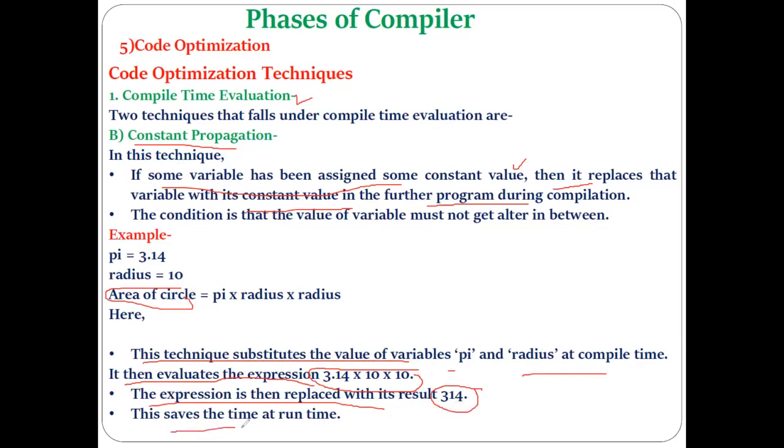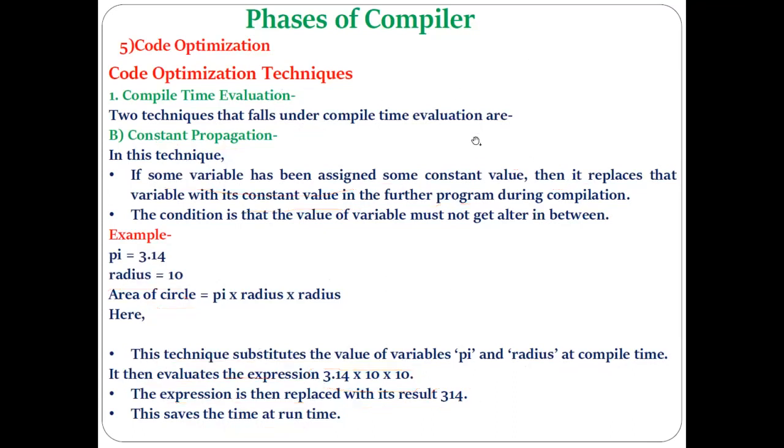So this is also saving time at runtime. If the condition is satisfied, then this computation can be done at compile time only, and if it is done at compile time, there is no need to put in extra effort or do the processing of these things during runtime. Understood? So this is also making our program faster because of constant propagation, and that is called compile time evaluation.